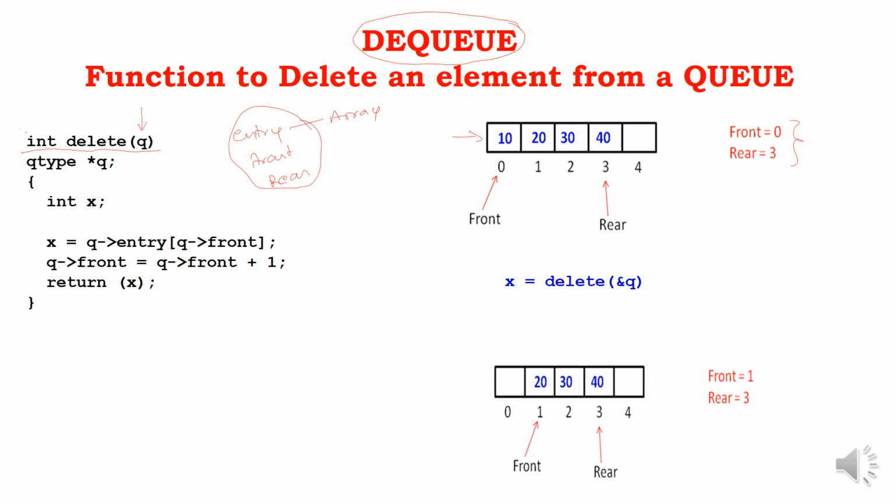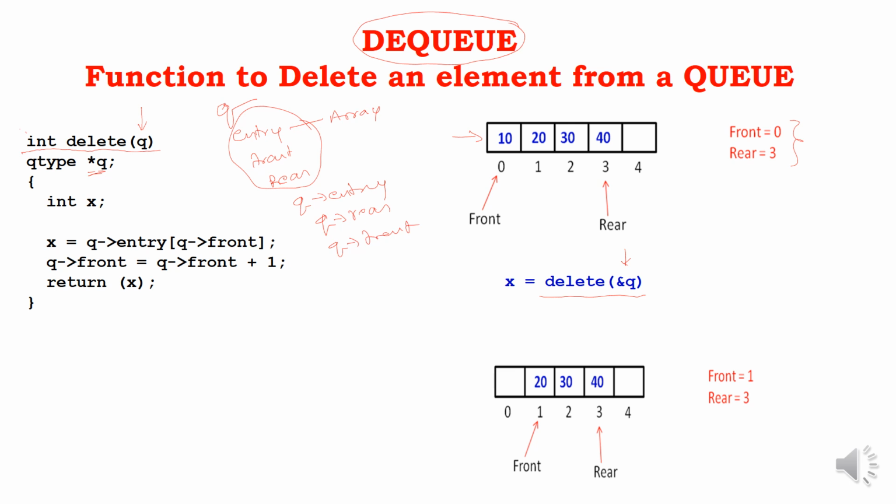Here it is taken as a pointer because we are calling the delete function using reference parameter, the address of queue. Once you pass an address, automatically the parameter which receives the address is said to be a pointer. And now queue is a pointer to structure. The members are used as q arrow entry, q arrow rear, q arrow front.